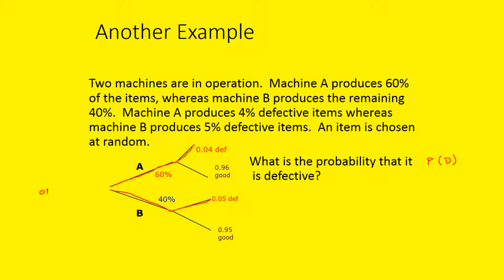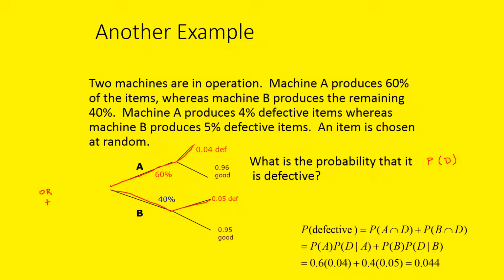Or probability A or B. That means we're going to use an addition rule. Okay, probability A or B. And so because the events are mutually exclusive, you cannot be both from machine A and from machine B. We're just going to add the two probabilities to get probability of defective.